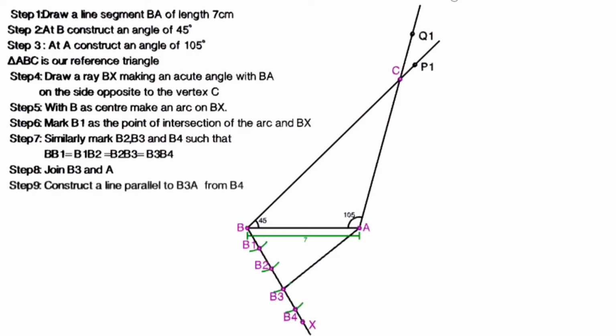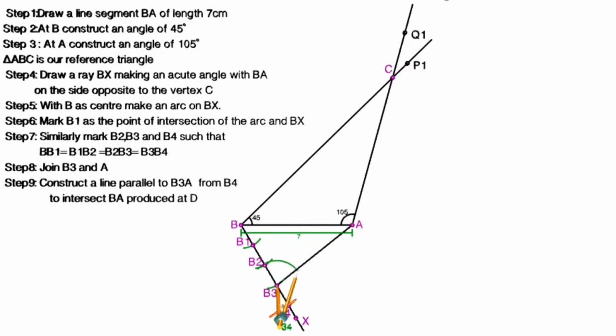Now I'll construct a line parallel to B3A from B4 to intersect BA produced at D. So for that, from B3, I'll make an arc of any radius. I will not change the radius, and with the same radius and B4 as center, I'll make another arc. Now I'll measure the width of the angle B3A.